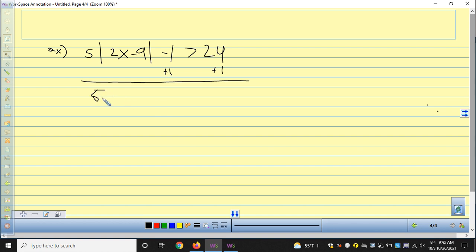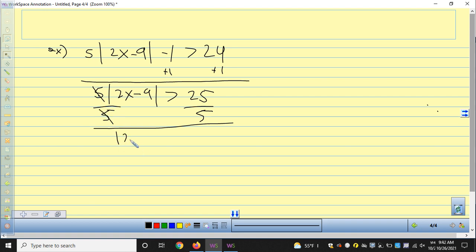I get 5 times the absolute value of 2x minus 9 is greater than 25. I want to get rid of this 5, so I'm going to divide both sides by 5. Those cancel now, and I get the absolute value of 2x minus 9 is greater than 5.